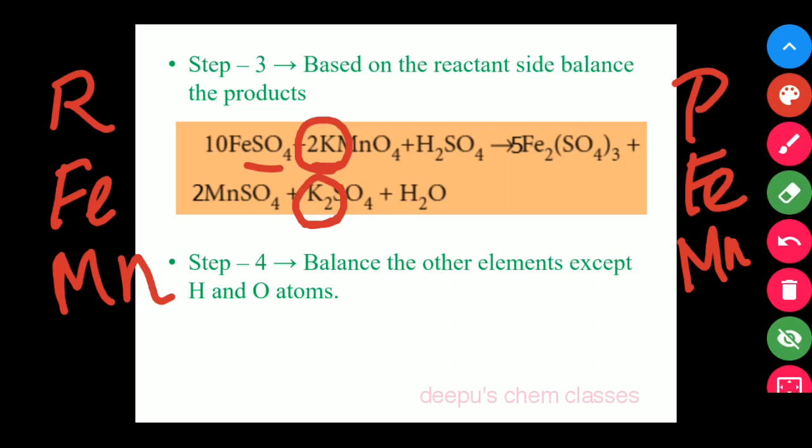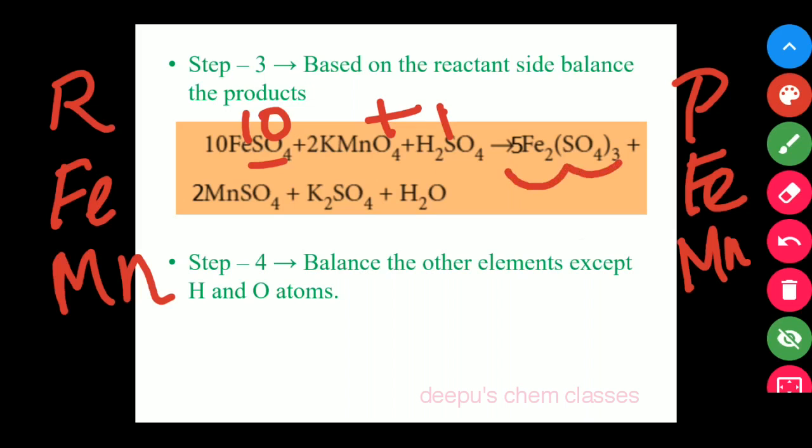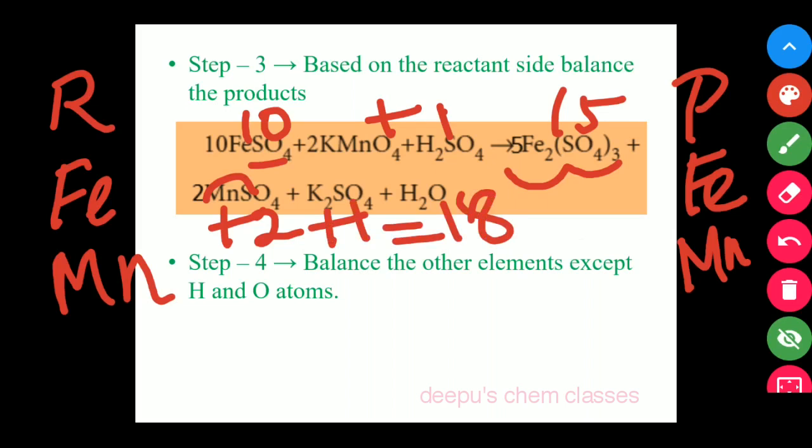The next remaining element is sulfur. We have 10 plus 1, 11 on the reactant side, and 3 into 5, 15 plus 2 plus 1, totally 18 on the product side.